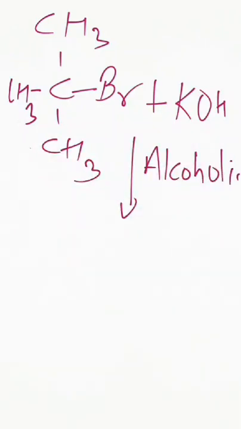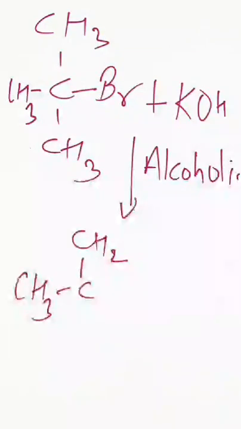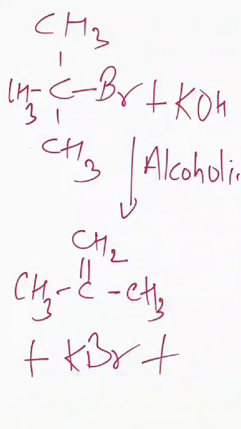And what I got here in dehydrohalogenation, I got CH3C and the CH, an alkene, and I got KBr and water.